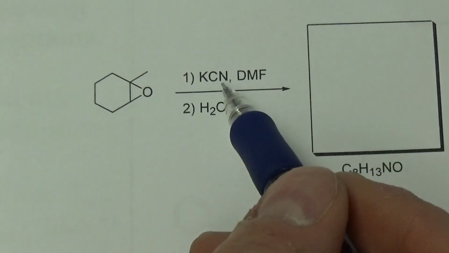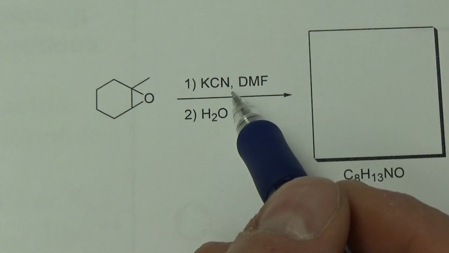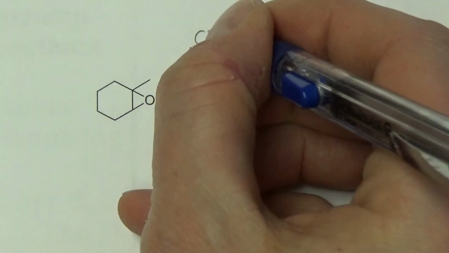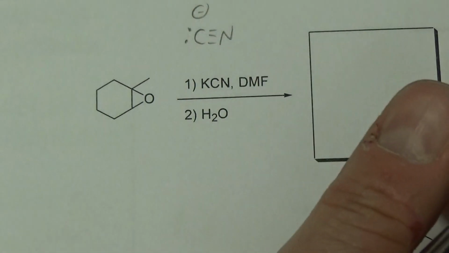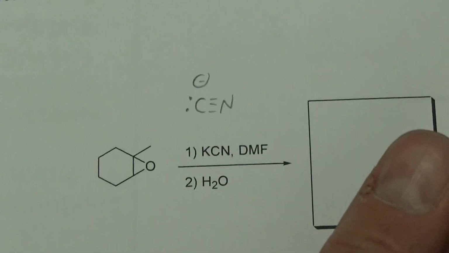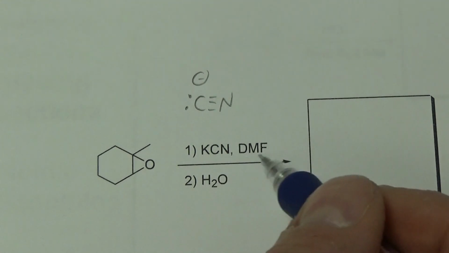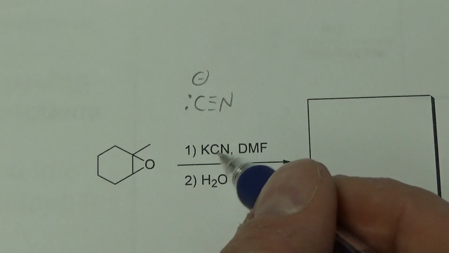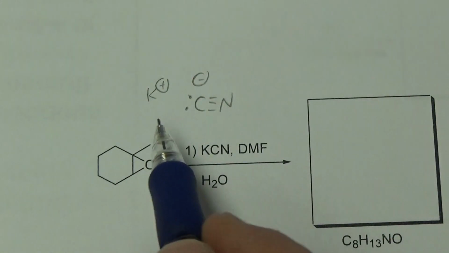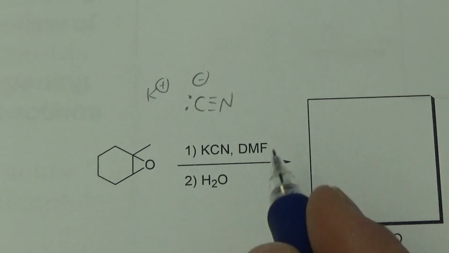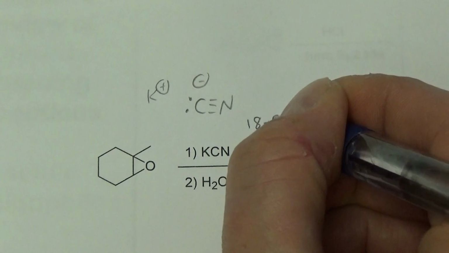This KCN, we've seen that as early as chapter 6, I think, with SN2. It's just an SN2 nucleophile, so C triple bond N with a negative charge is the key part. Remember also with these, we talked about crown ethers, and crown ethers would solubilize the K plus portion, and sometimes we'd add 18-crown-6.